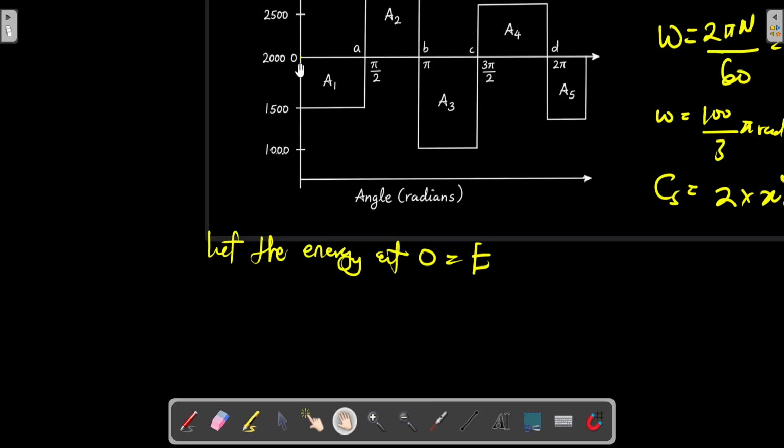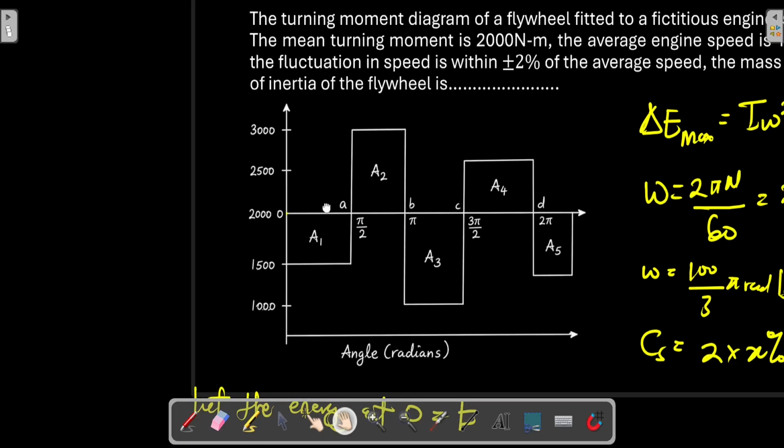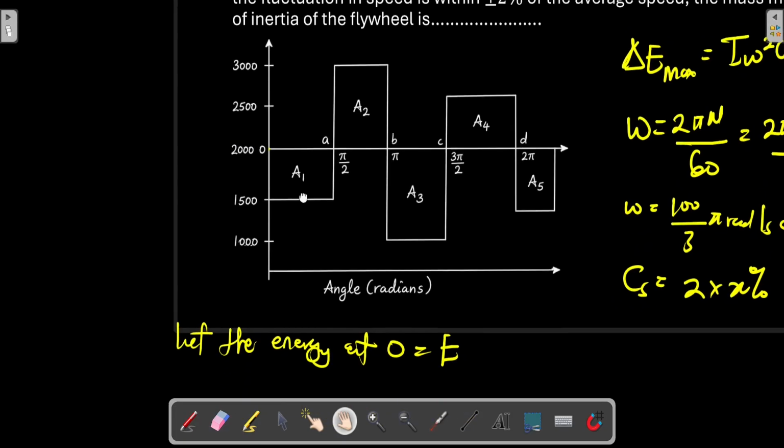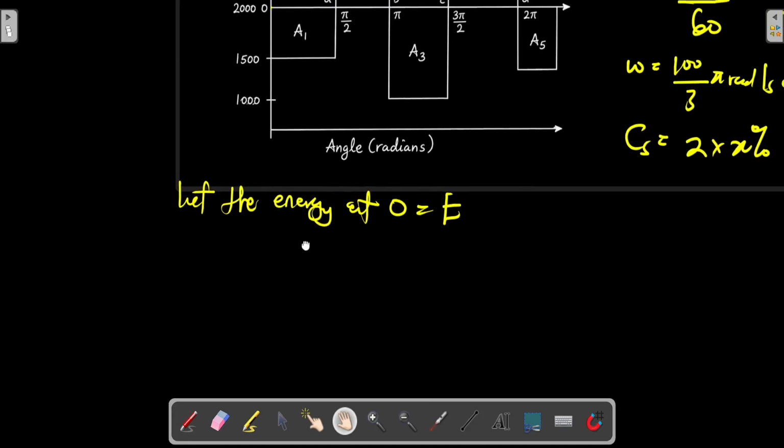Because you can clearly see that within this particular region, there was no energy produced by the engine. In fact, energy was actually used by the engine to work against the external load, which is this constant torque, given in the question to be 2000 Newton meter, right?